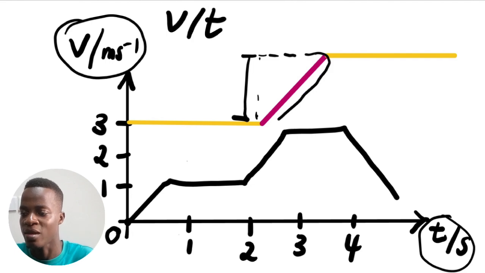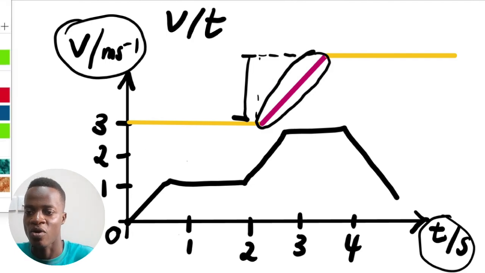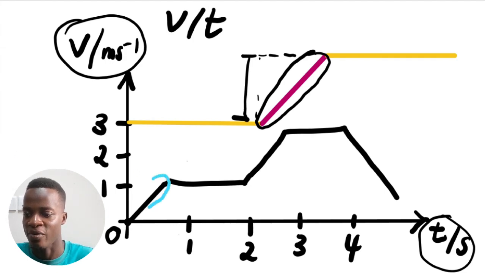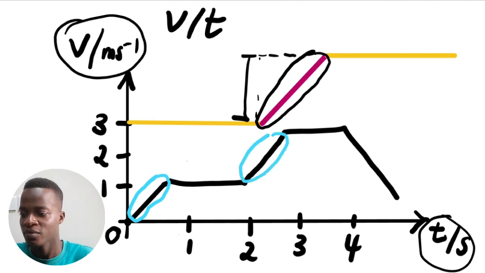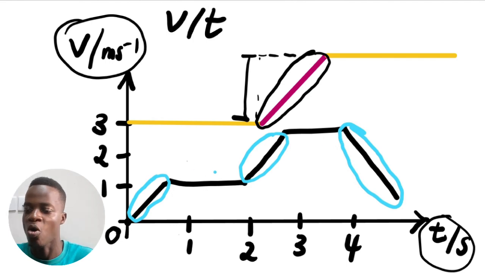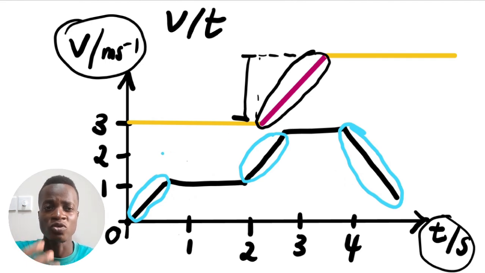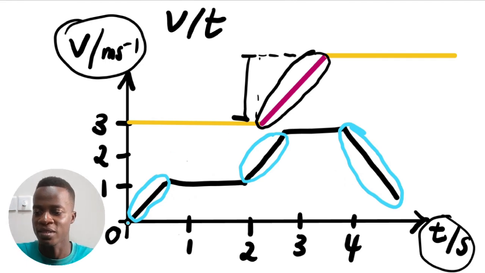Then we can measure slope over here. So for this particular graph that we drew originally, we should be able to get some slopes. There's a slope here, there's a slope here, and there's also a slope here. It doesn't necessarily have to go up. Once the line is not horizontal, it is a slope. So these areas are areas of slope, right? So most of the graphs will have slopes.